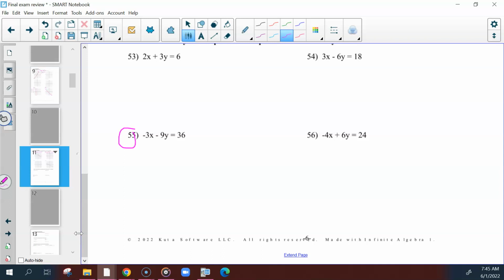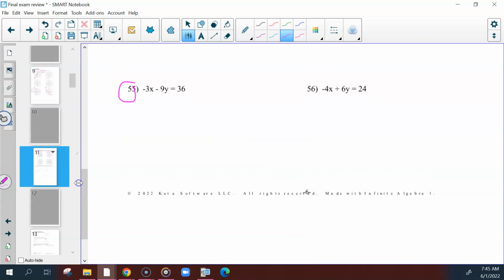For number 55, we now have an equation. We're still trying to find our x and y intercepts algebraically. In order to do this, I'm going to show you one way of doing it fully and then one way kind of doing some shortcuts. So if I'm looking for my y-intercept, I need to put 0 in for x.